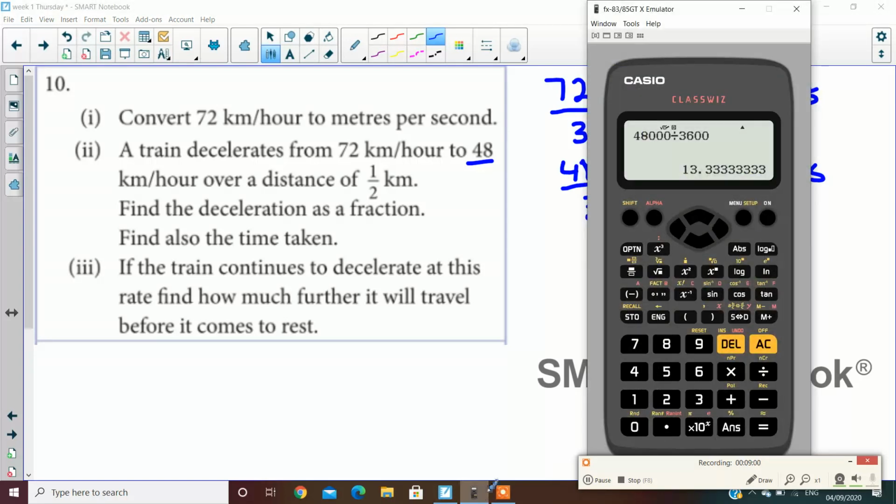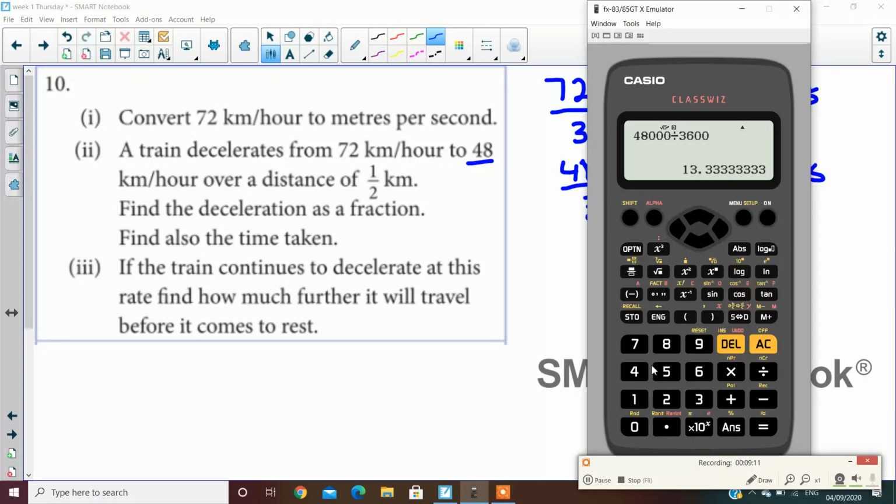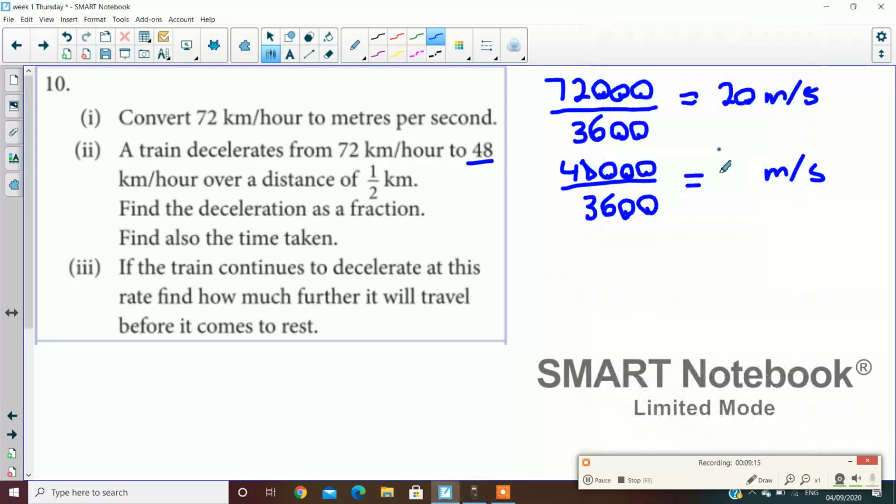So 13.3 or 13 and 1/3. Best to keep it in fractions, guys. Fractions are more accurate than decimals, okay? So keep it as a mixed fraction or a top heavy fraction even. Actually, top heavy is probably the best. 40/3. So you're going to have to get used to top heavy fractions. Don't use decimals where possible.